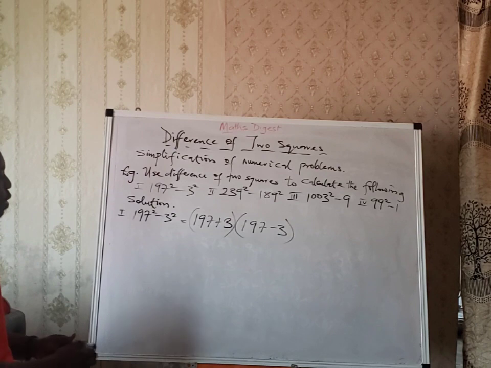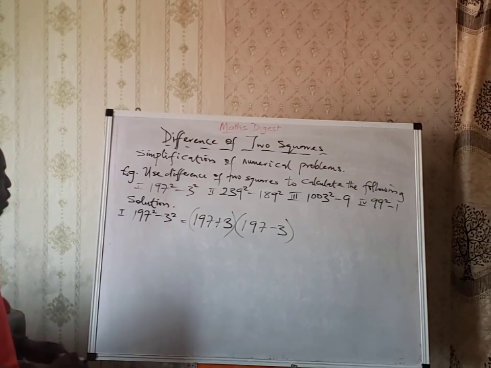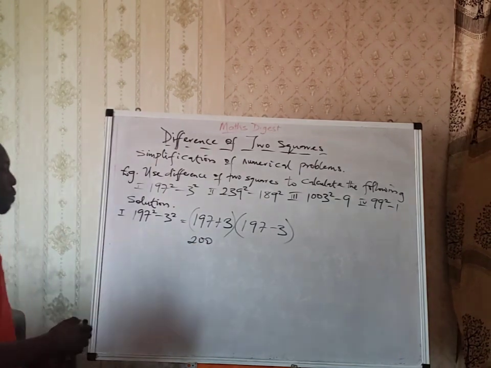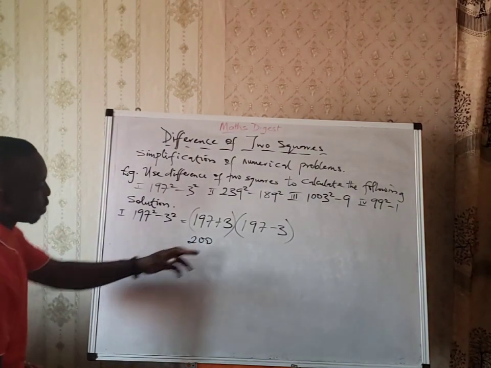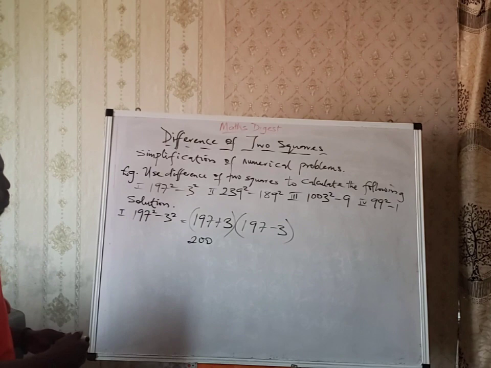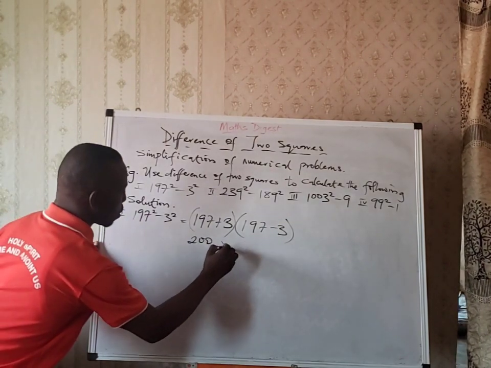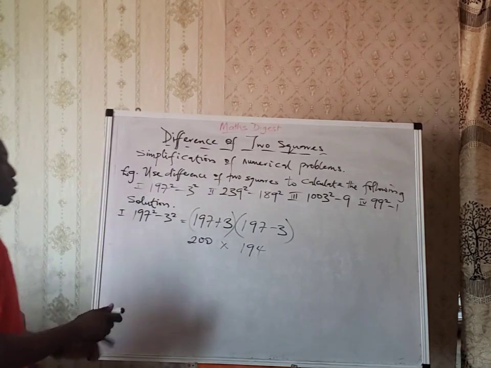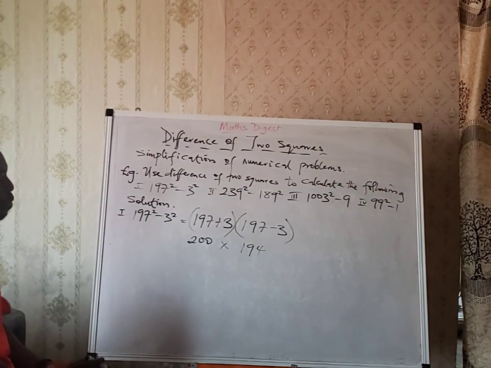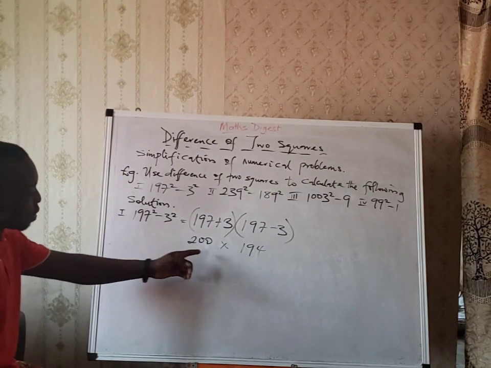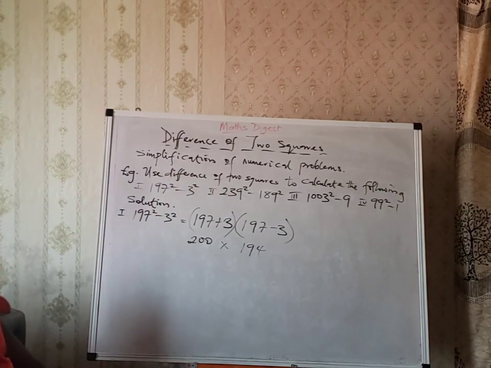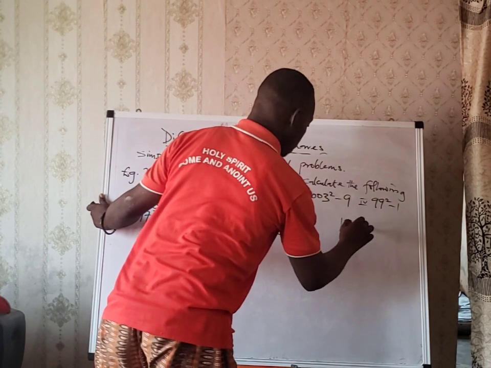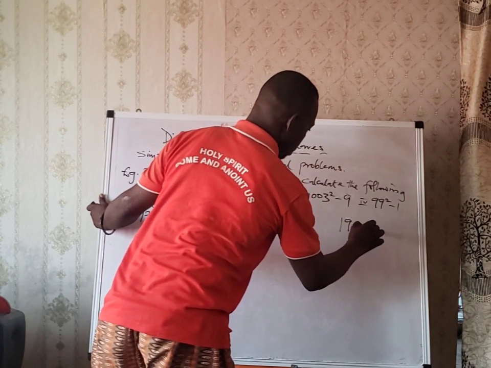So 197 plus 3 will give us 200, and 197 minus 3 will give us 194. Quickly we say this times this. What would that give us? 194 times 200.